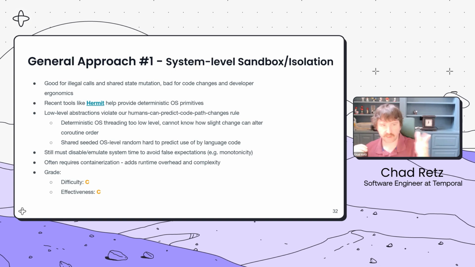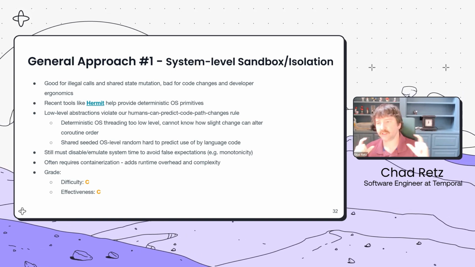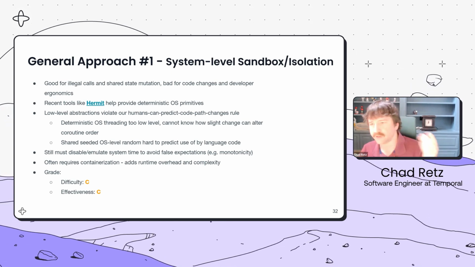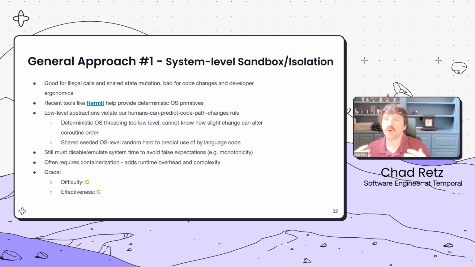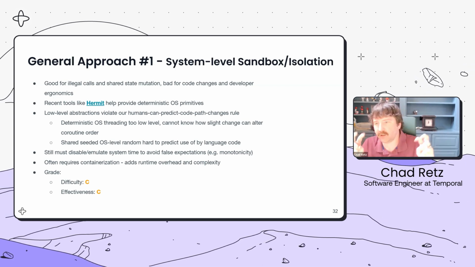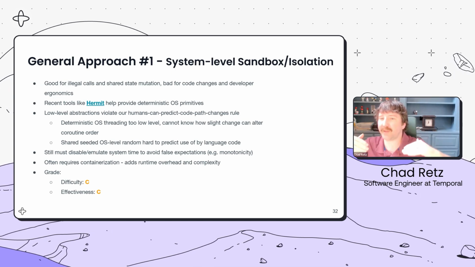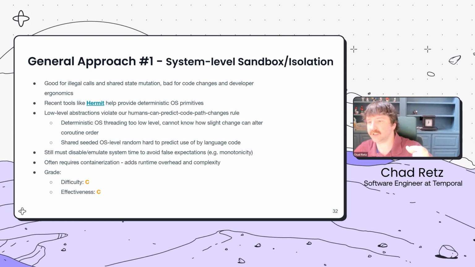So Facebook released Hermit recently, which replaces syscalls with deterministic equivalents and allows then deterministic replaying. The problem is that it is so low level that it violates our rule from the 3 determinism violations that developers should be able to know when their alterations make a non-deterministic change.